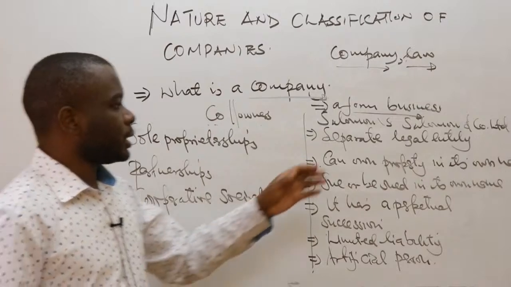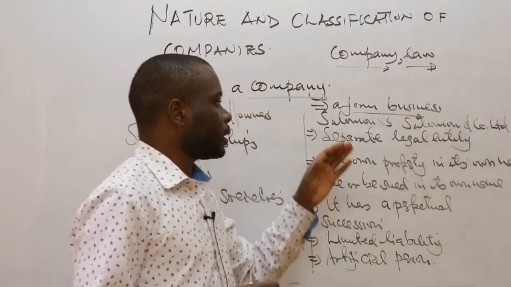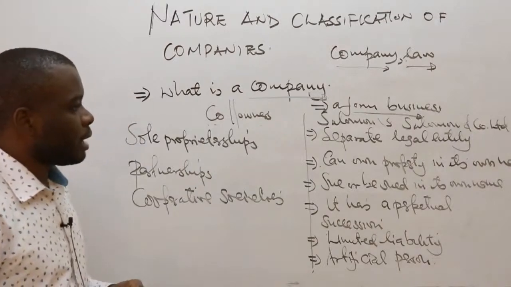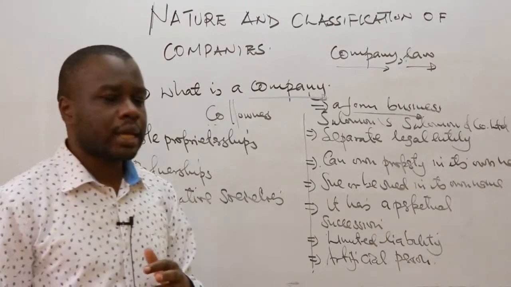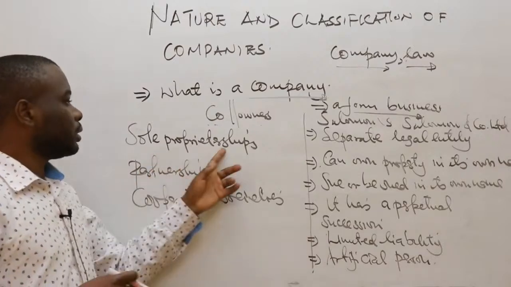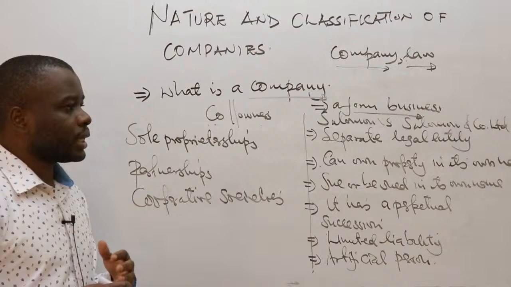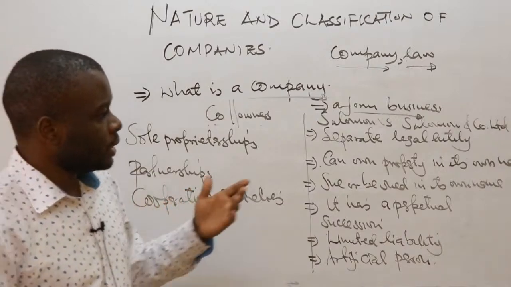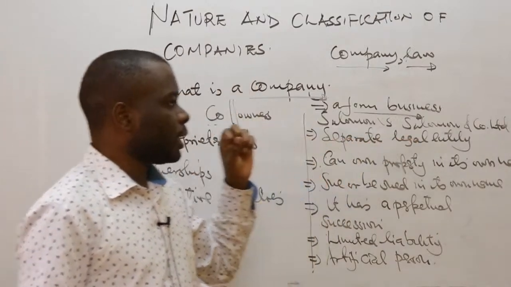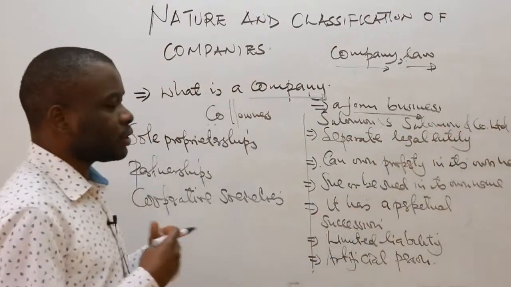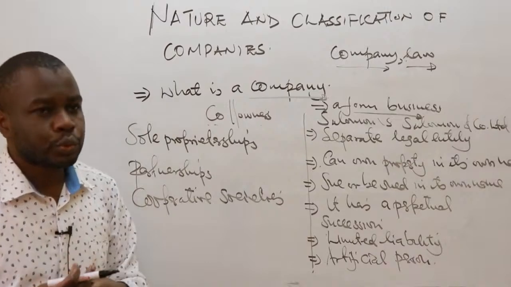Under this case law, a person known as Solomon operated a business as a sole owner. The business was a sole proprietorship, but eventually he decided to incorporate it, forming a company known as Solomon and Company Limited, and transferred the business to the company.